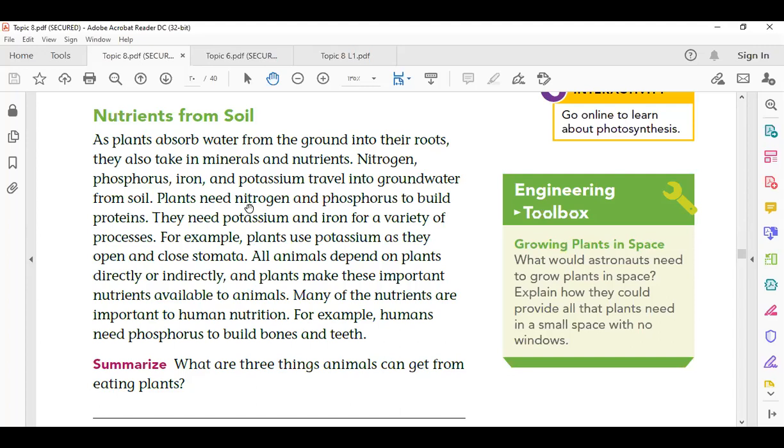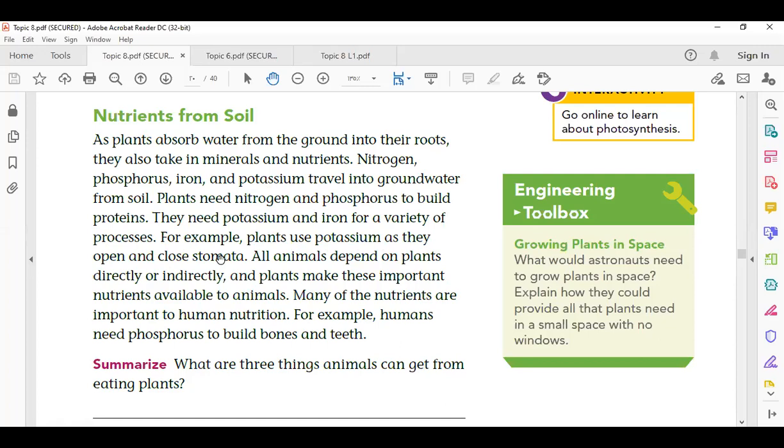Nitrogen is a nutrient, phosphorus is a nutrient, potassium is a nutrient. They need potassium and iron for a variety of processes. For example, plants use potassium as they open and close stomata.